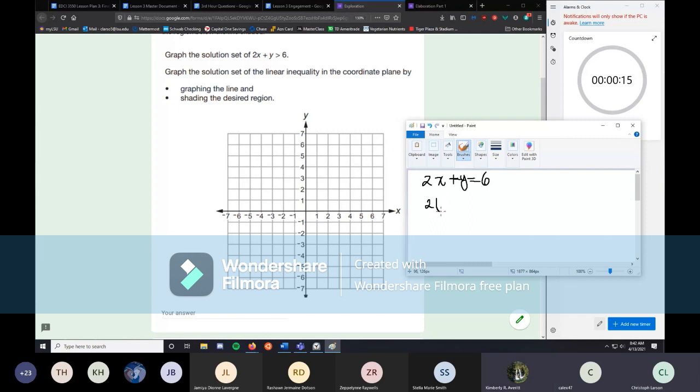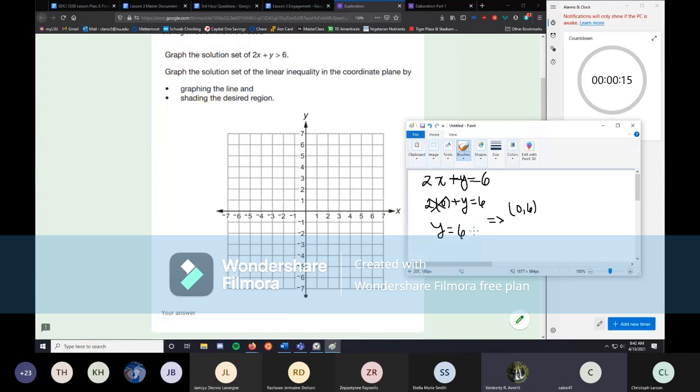Let's say we substitute 0 for x. 2 times 0 is just 0, and what we have is y equals 6. So that's the y coordinate for the point. But we also need the x coordinate.